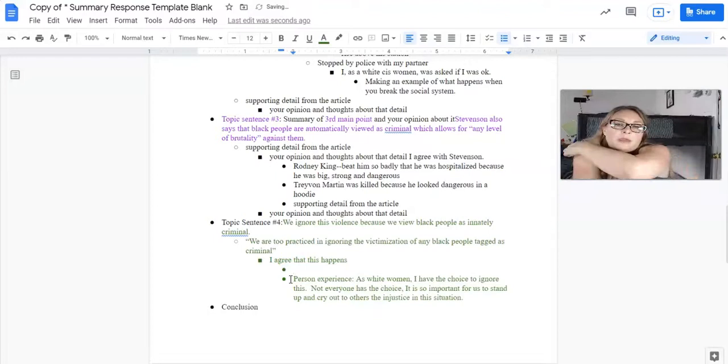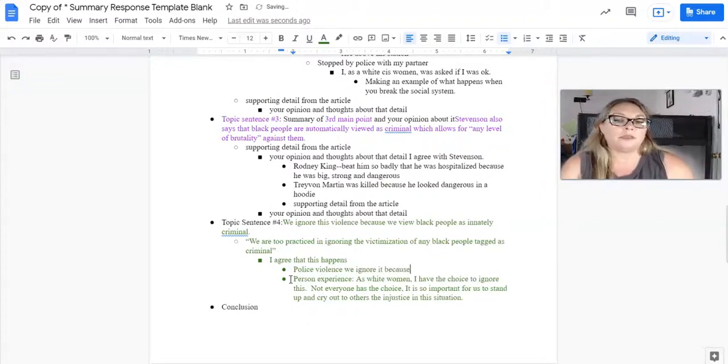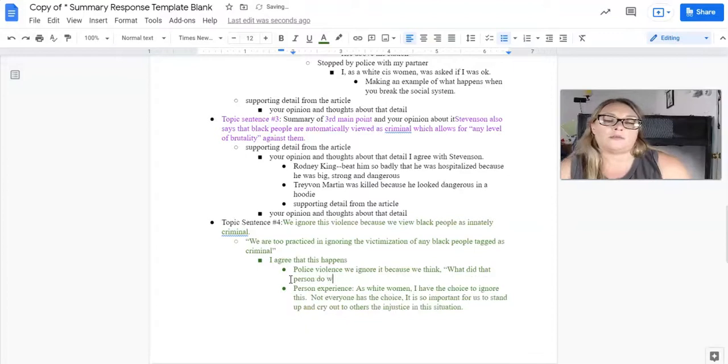I would also say like maybe how I have seen this and how I have ignored this, right? That I would probably use something like how many times there's been police brutality or police violence, and we ignore it because we think, what did that person do wrong, right?